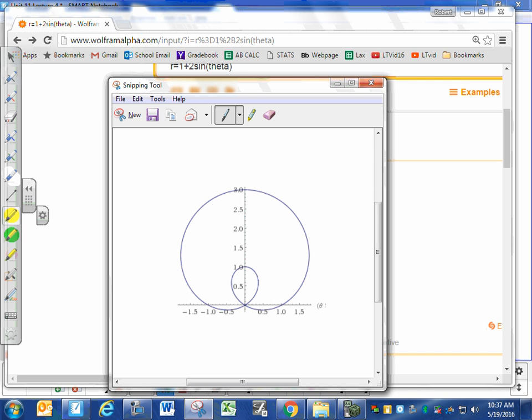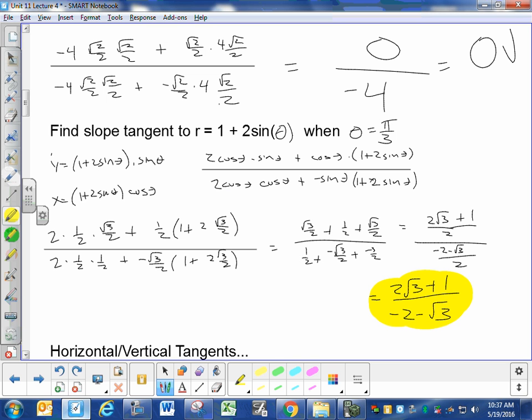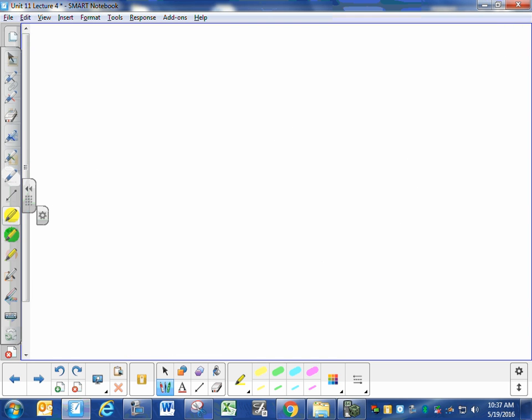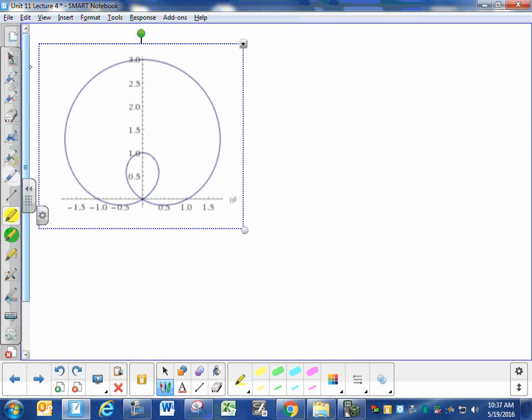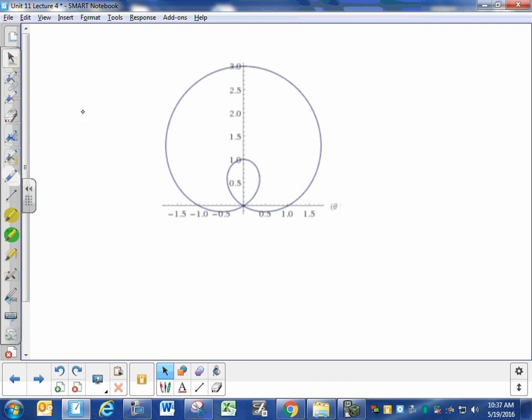Very, very important, especially when we get to the next part, when we start graphing things, to understand how this graph is plotted. Get your angle, you start at 0. So it appears that we start at this point, 1 comma 0. So the radius is 1 when the angle is 0.